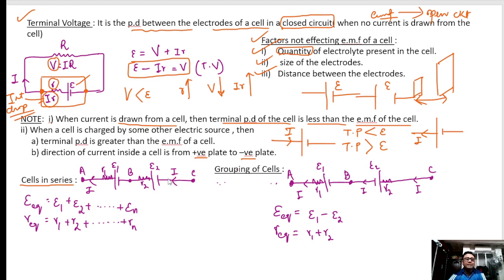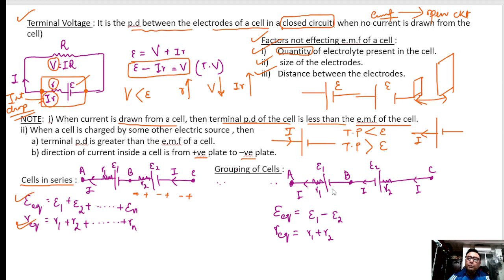So remember, when the cells are connected in series like this, positive, negative, then positive, negative, in that case, the equivalent EMF will be added up and the equivalent resistance will also be added up.